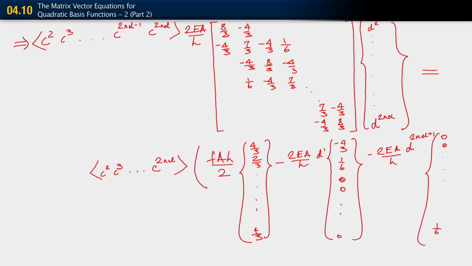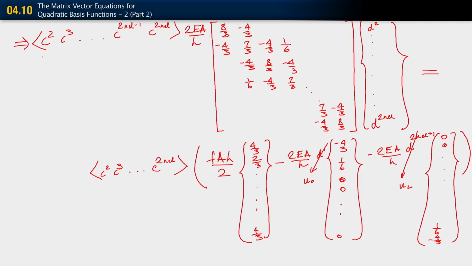And here we get 1/6 and minus 4 over 3. Okay, we close parentheses here. And note that D1 is known because from our Dirichlet condition that is U0, and D2NEL plus 1 is known because from our Dirichlet condition that is UL.